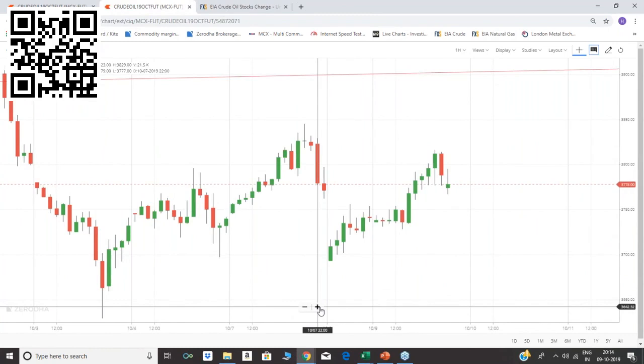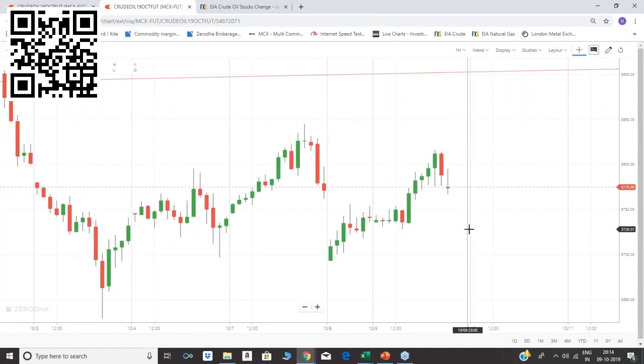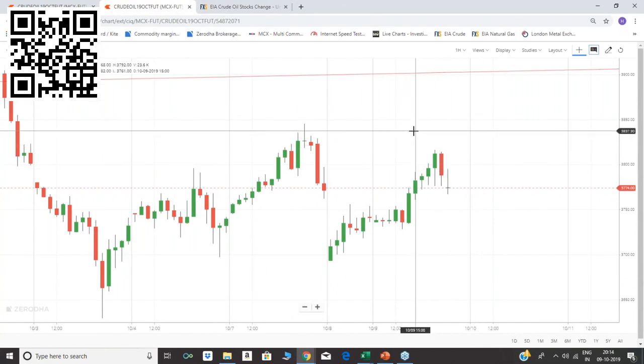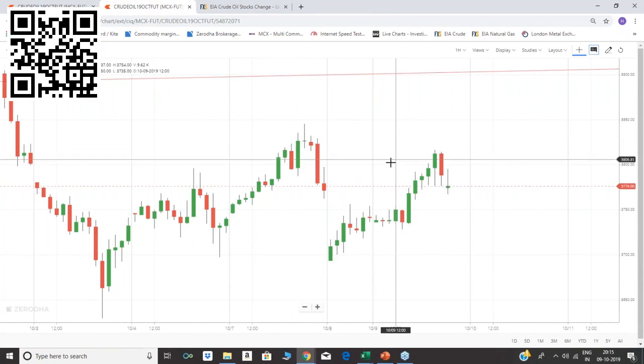Why I took this session today is because I want you to understand the economy data and inventory data and how it impacts, so that next Wednesday you can look into the complete technical setup along with the inventory data and decide the levels by yourselves. You can also practice the same thing tomorrow in the NG inventory. Tomorrow is the NG inventory, so look into charts and try to practice that, and tomorrow just remind me. I will also look into the chart along with you.